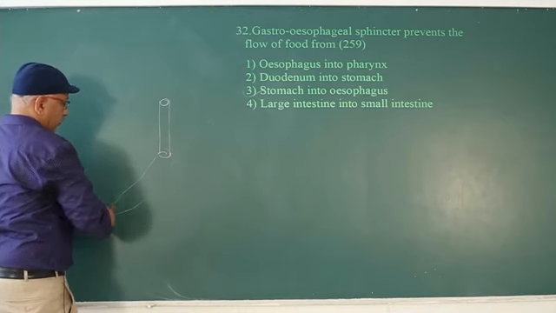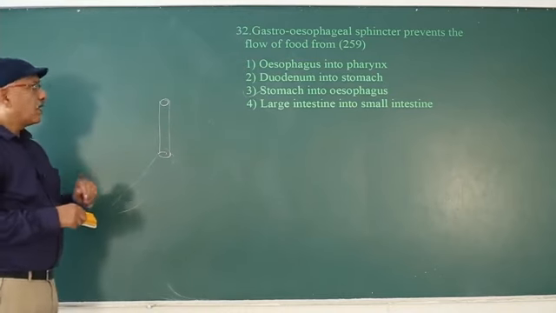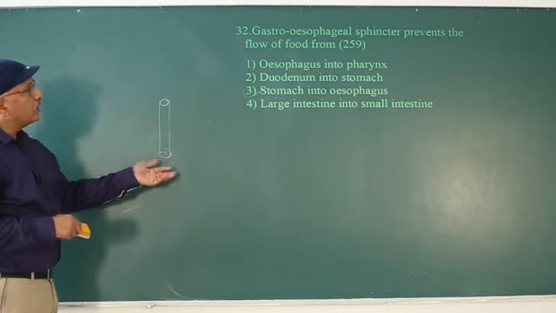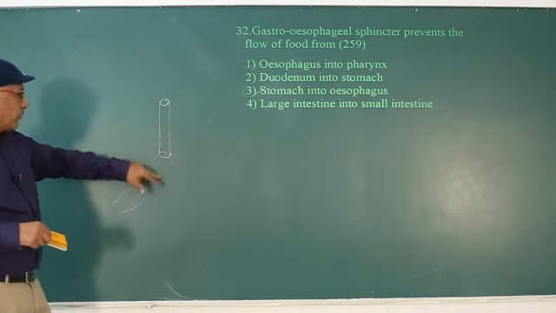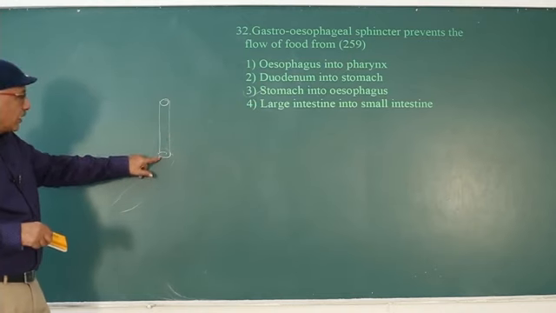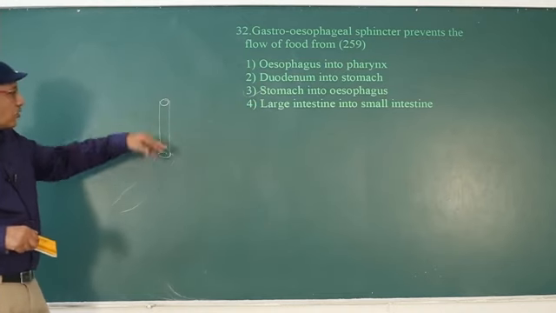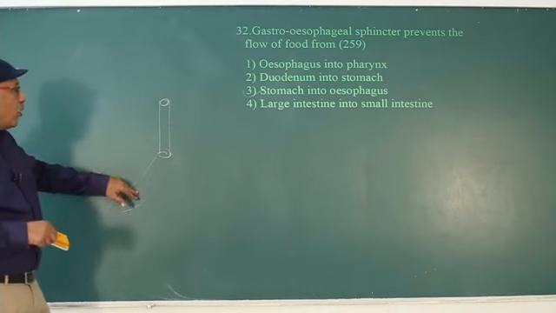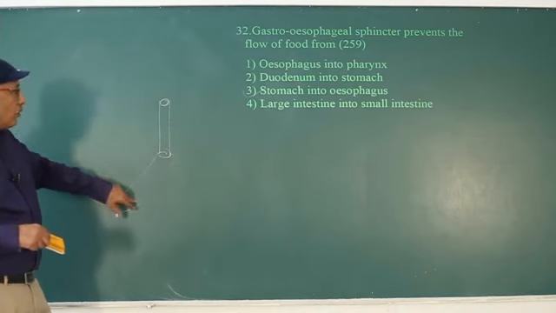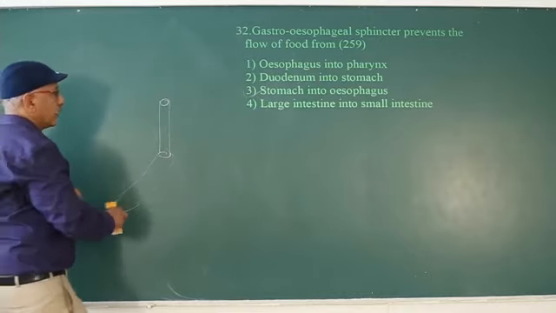Lower esophageal sphincter is also known as cardiac sphincter. So it is also known as gastroesophageal, between stomach and esophagus. So that is cardiac sphincter, gastroesophageal sphincter or lower esophageal sphincter. Prevents the flow of food from stomach into esophagus.